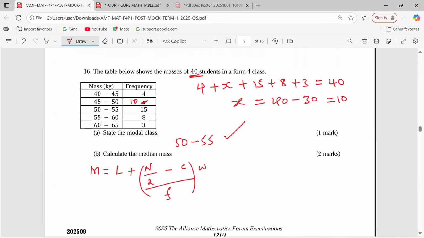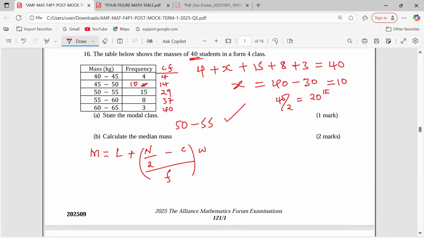So we can establish a cumulative frequency column here. We start with 4, then 4 plus 10 is 14, 14 plus 15 is 29, 29 plus 8 gives us 37, plus 3 is 40. So total frequency is 40. We divide it by 2 first to get 20. So the 20th student is the one with the median mass.